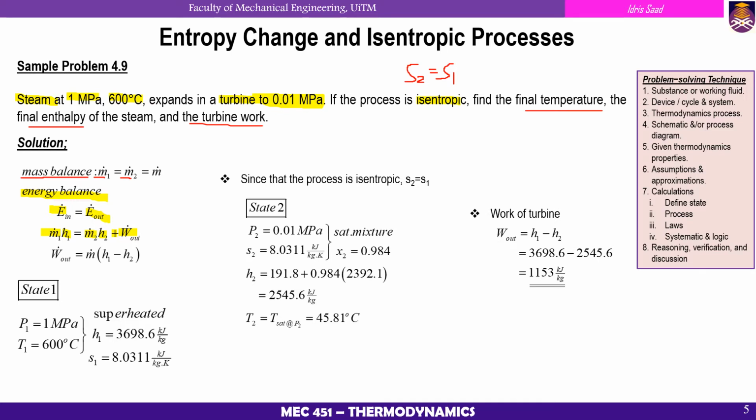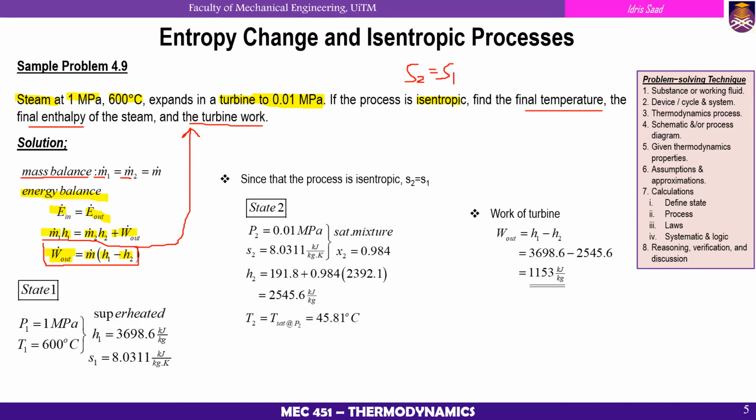Potential and kinetic energy are also neglected. When we rearrange this equation to get the work out, we get w out is equal to m dot (h1 minus h2). So basically, this is our main equation in order to determine the work output to answer question number 3.